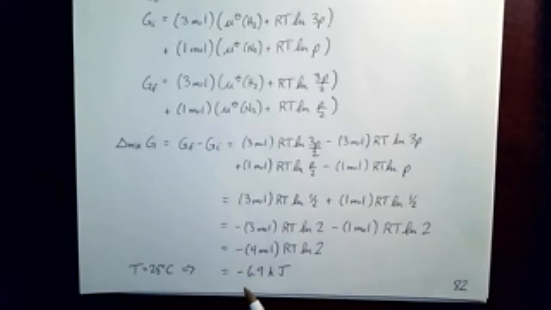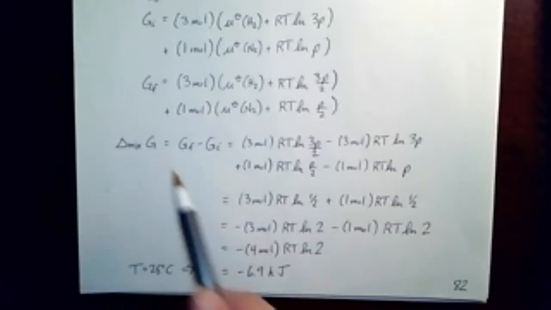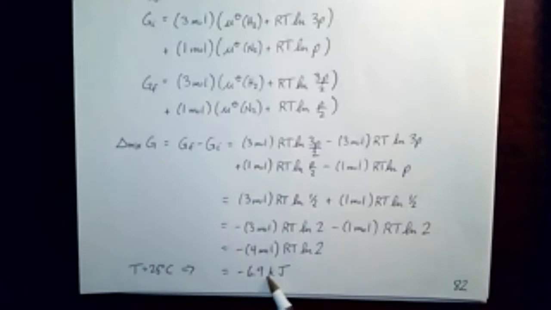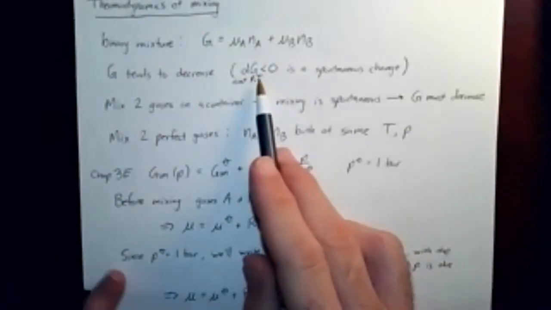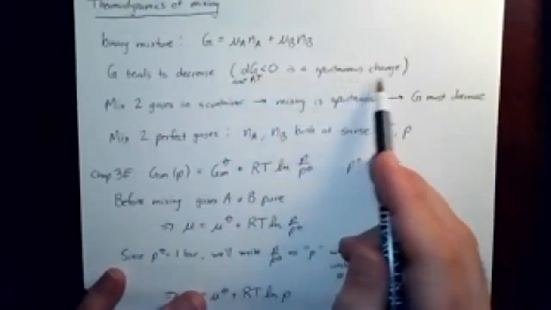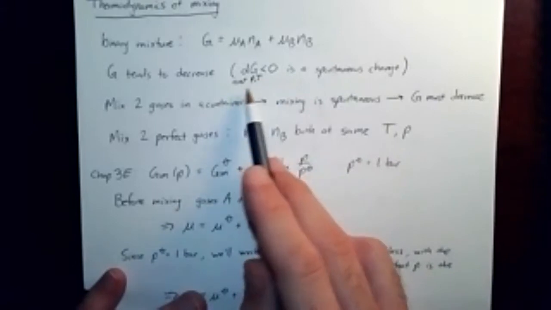Now, one important thing I want to point out is that this negative result here, even though this is delta G, does not imply spontaneity in this case, because we did not hold P constant. When I wrote this earlier, I should have added that dG less than 0 is a spontaneous change, but only if we hold P and T constant.